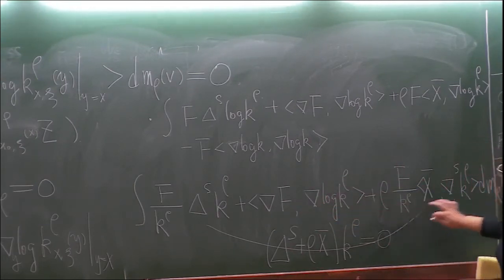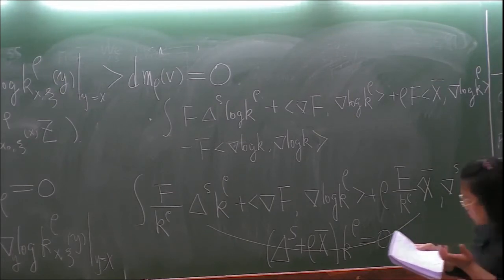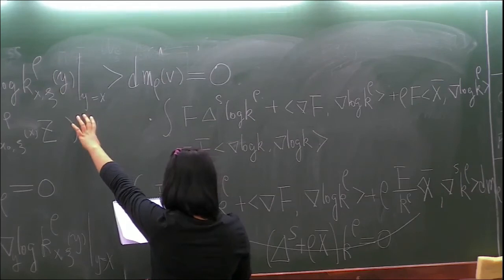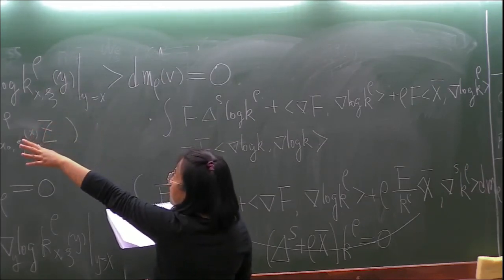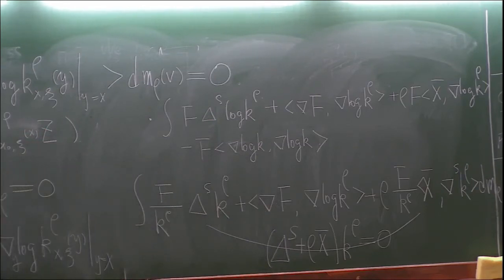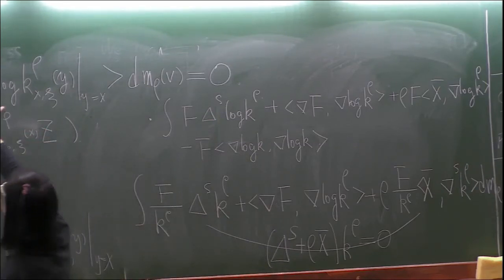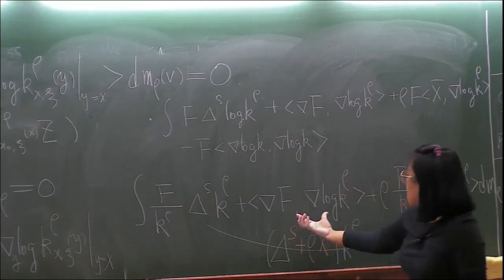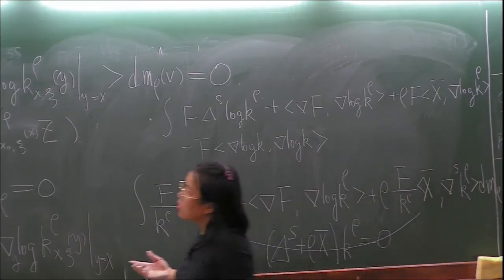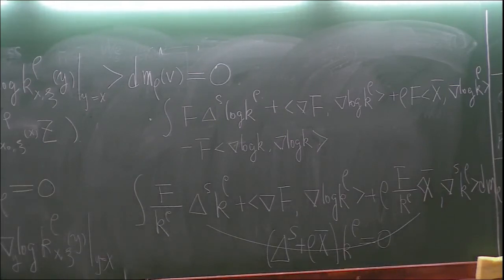This integral is 0. And then you use the definition. You apply this to gradient f. You will see that this object equals the integral of this object. So it's 0.